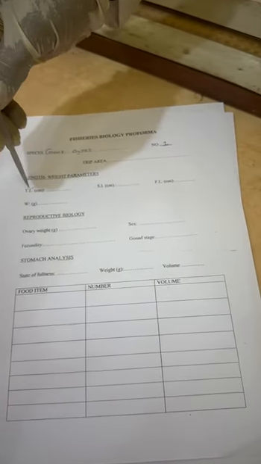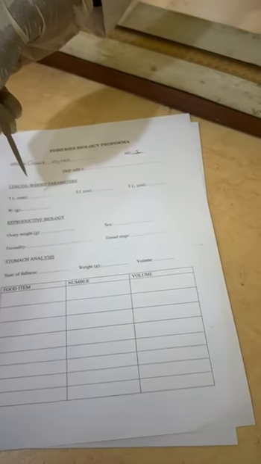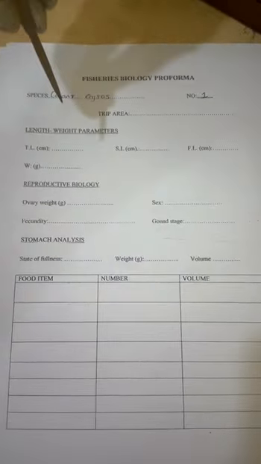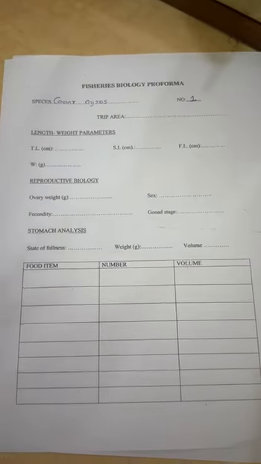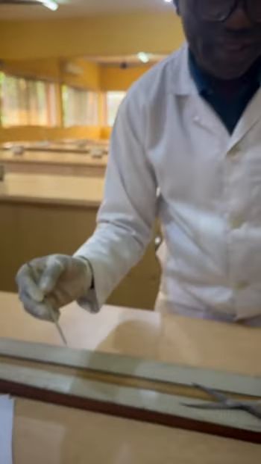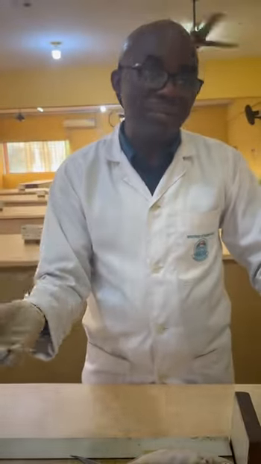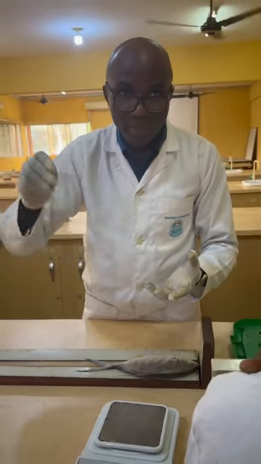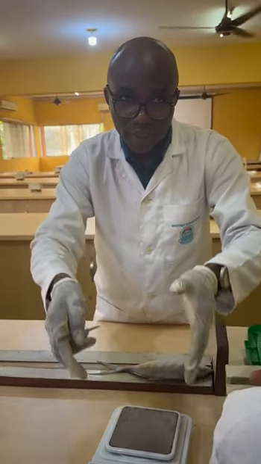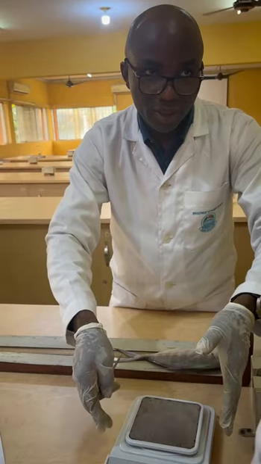So what is total length? We determine the length in centimeters. It can be in millimeters, depending on the size, but here in centimeters, to the nearest 0.1 centimeter. But for the weight, we normally take it to the nearest 0.01 gram, depending on the measurement of the scale.